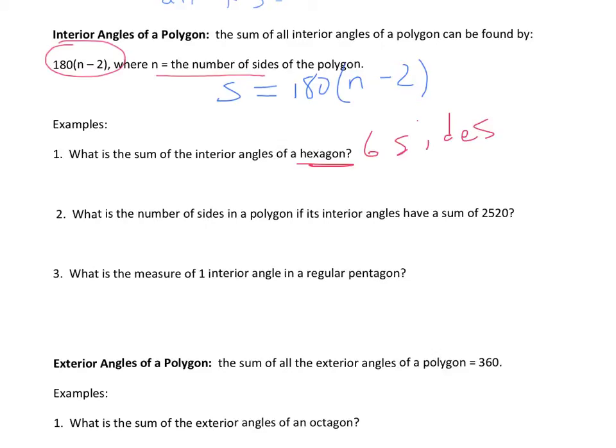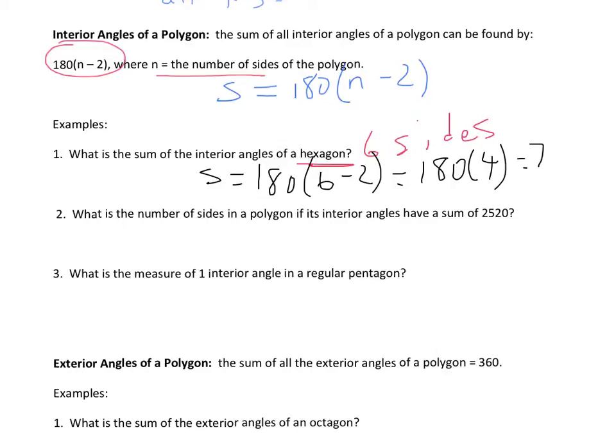So the sum is going to be 180 times, and for n I'm going to put 6, so it's 6 minus 2, which means I really do my 6 minus 2 first, so it's 180. 6 minus 2 is 4, so 180 times 4 is 720 degrees, which would be the answer for all the interior angles of a hexagon. That means the 6 angles inside of a hexagon will add up to 720.